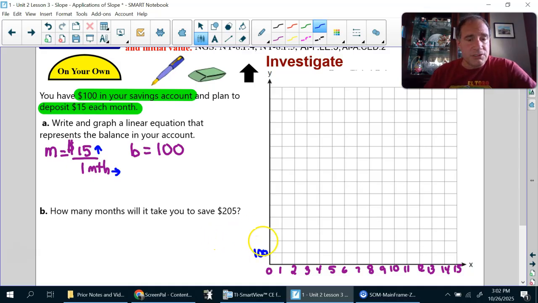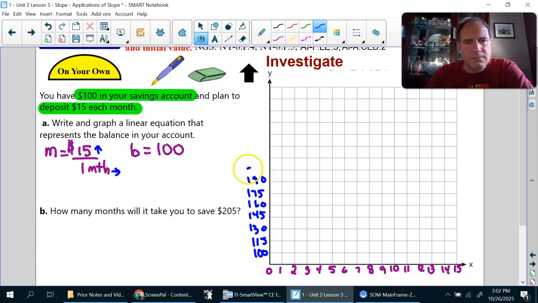So this person is putting $15 a month in, so we're going to go to 115. And then the next month is 130. We always rise by the slope. This is 145, 160, 175, and you put them right next to the line.